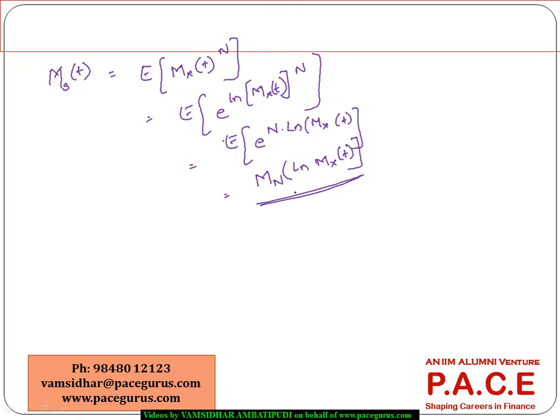So this is what will become my moment generating function of S: MN of log MX(t) will directly become my moment generating function for the aggregate claims. So it is expressed in terms of the moment generating function of N as well as the moment generating function of X. But here also we did not specify any kind of distributions for N or X.